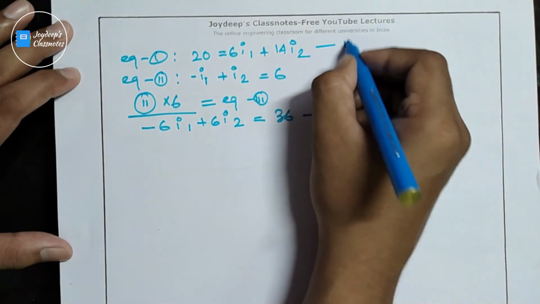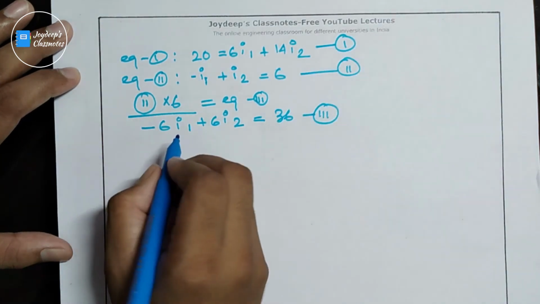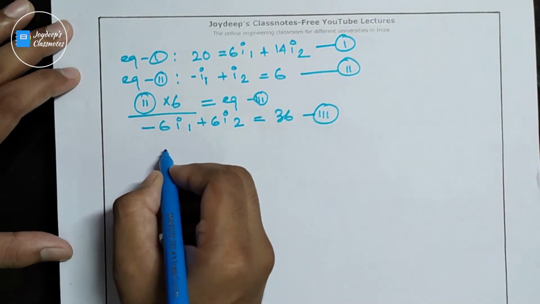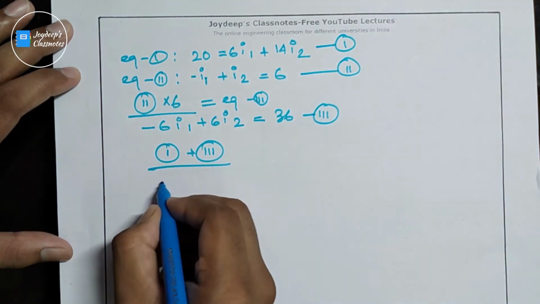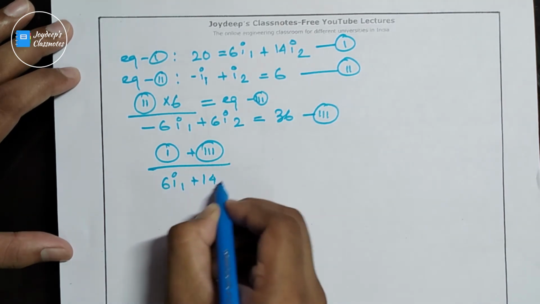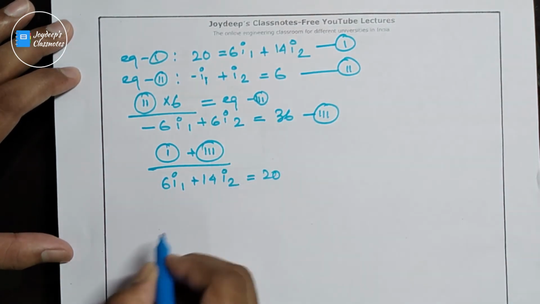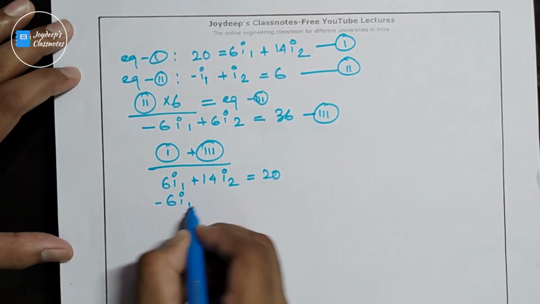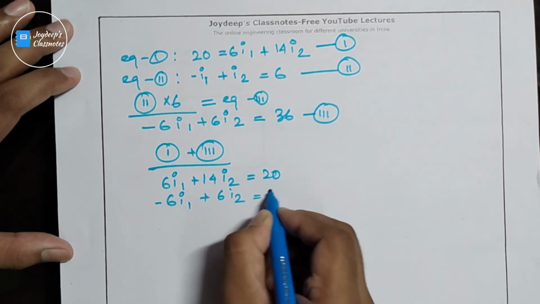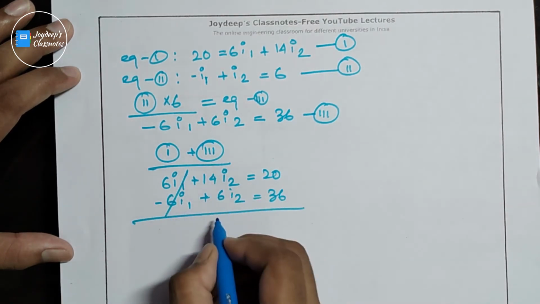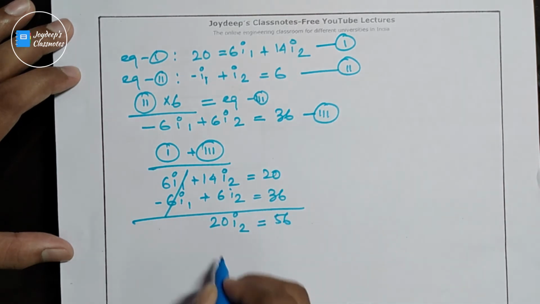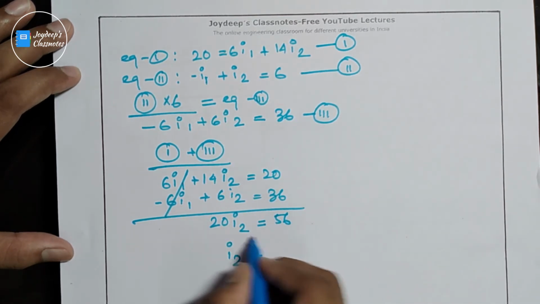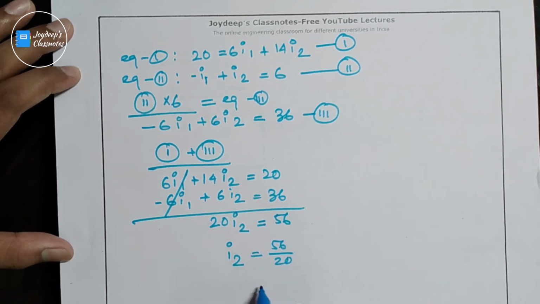Now if we just add equation 1 and equation 3: equation 1 is 6I1 plus 14 of I2 is equal to 20, and equation number 3 is minus of 6I1 plus 6I2 is equal to 36. So what we got? 20 of I2 is equal to 56. So I2 becomes 56 by 20, that means 2.8 amps.